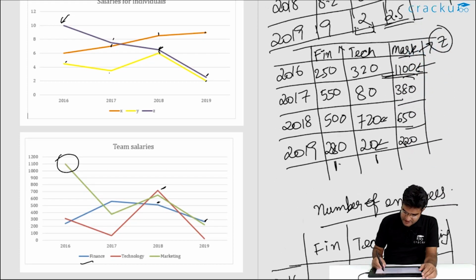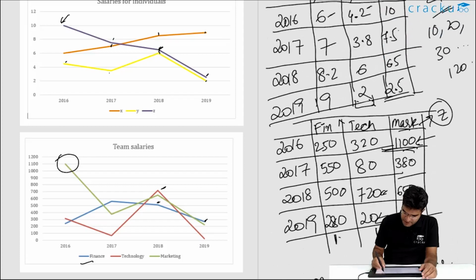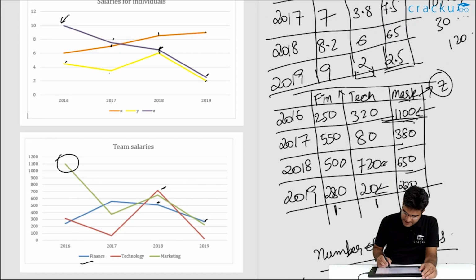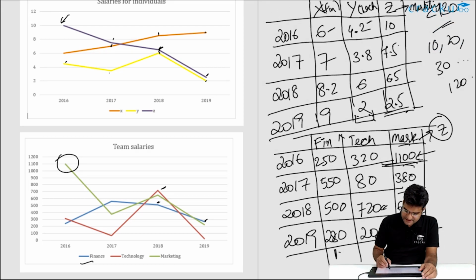Now let us try to see what else we can put. 2.5 and this is 220. So this seems like roughly 90. That is the number of employees in Z, that is marketing in 2019. The individual salary is 2.5 and the total salary is approximately 220. But if you actually make it 225, then the number will be 90.